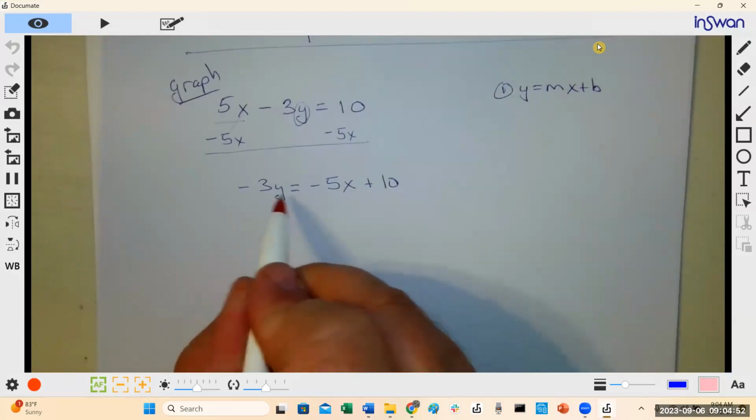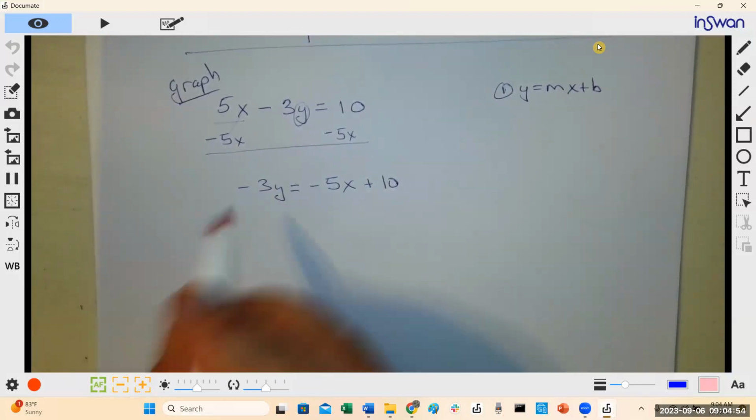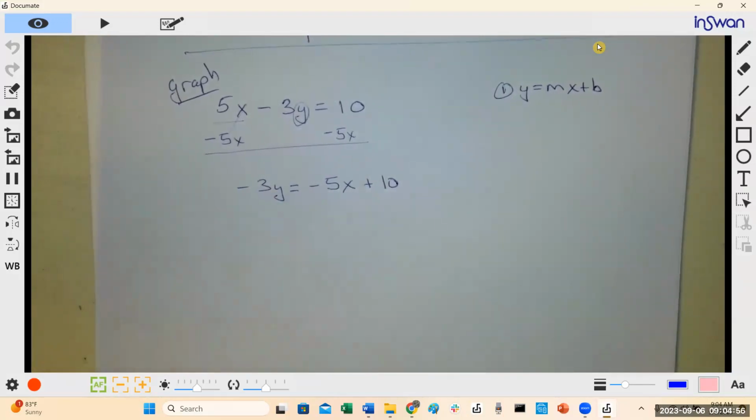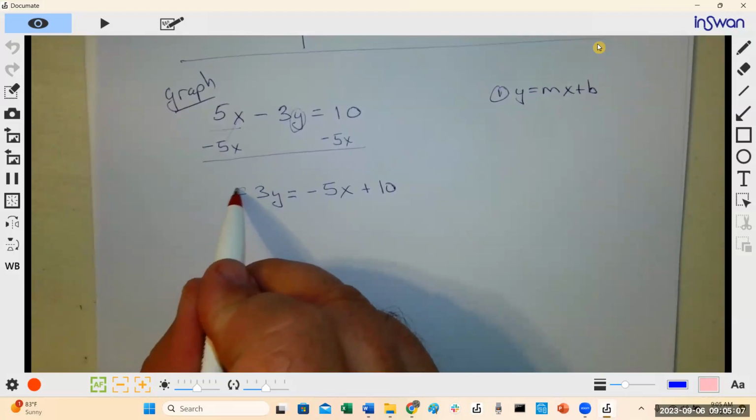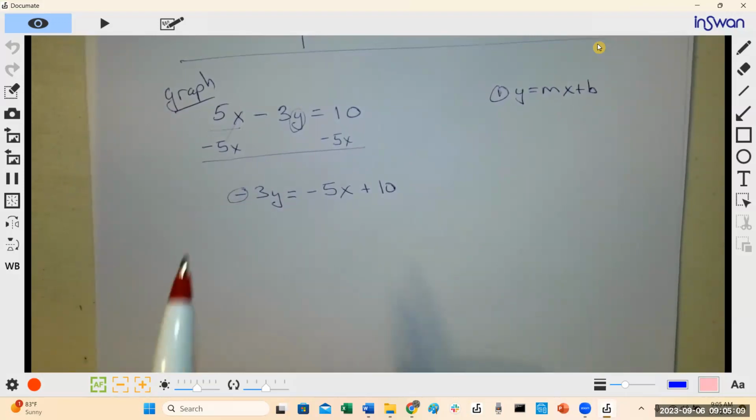Now, it's a negative 3 times y, so we have to get rid of the negative 3. Again, I'm trying to tell y'all, you can do what you want, but I guarantee you the negative signs will eventually come back and bite you. So do it in 2 different steps. First thing you have to do is get rid of the negative. How?